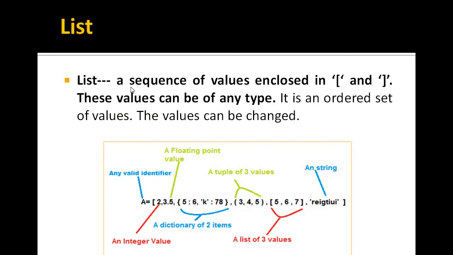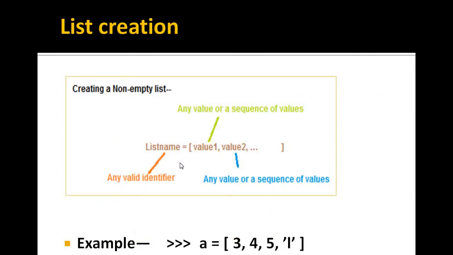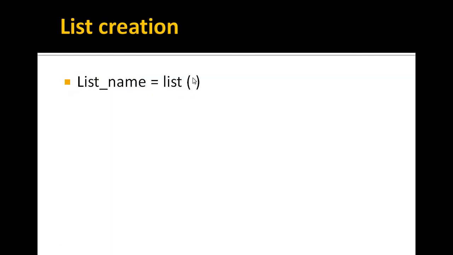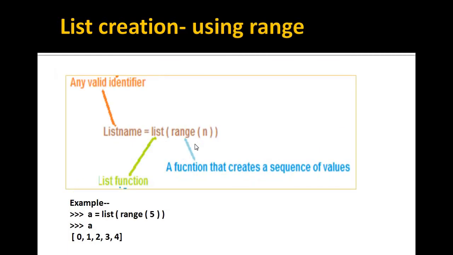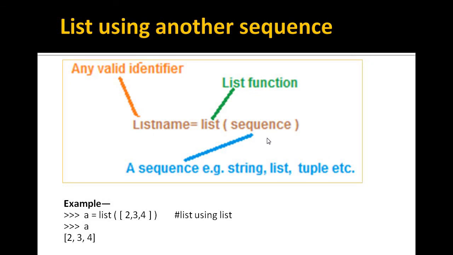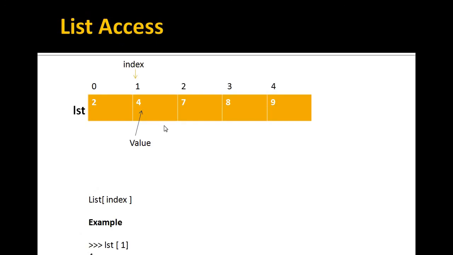Then you can use the list function and pass a sequence, or any function that returns a sequence, into this list function. This list function will convert all the values of that sequence into the values of a list, or you can directly pass a sequence besides passing any function. To access any item of the list you need the list name and index, that is the position of that item.